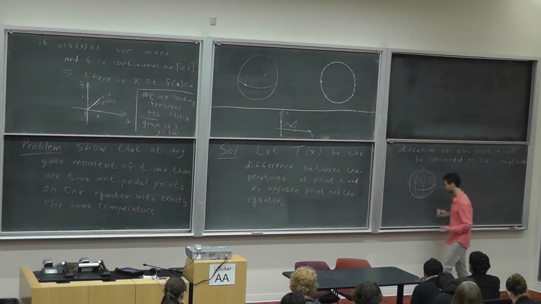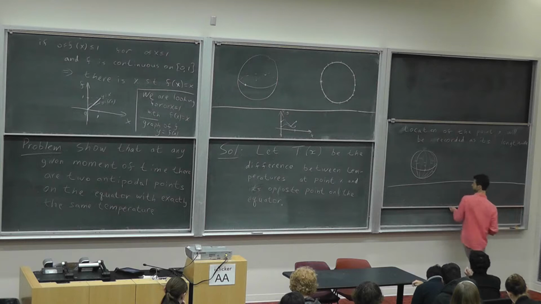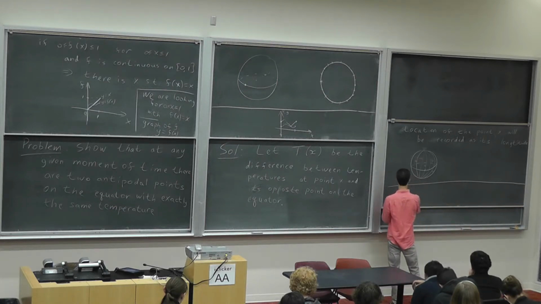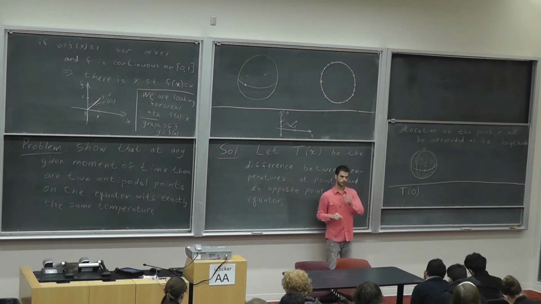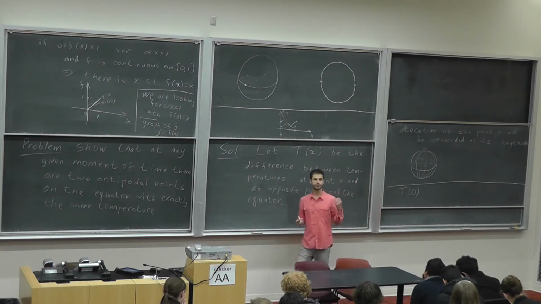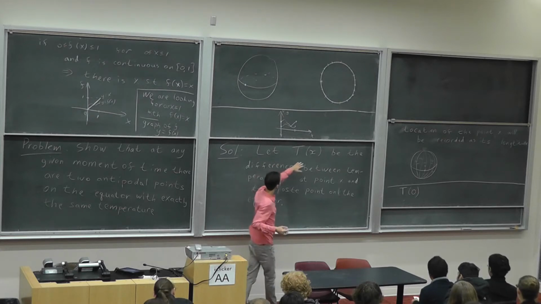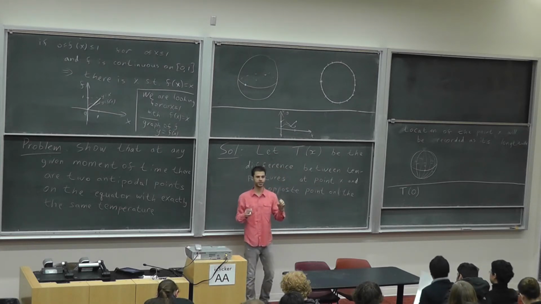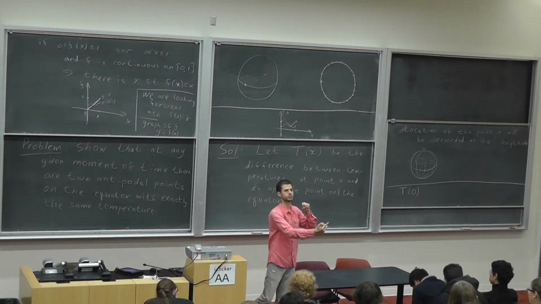Now, next thing. I want to argue that this function has different signs as x goes from one side of the Earth to exactly its opposite on the other side.